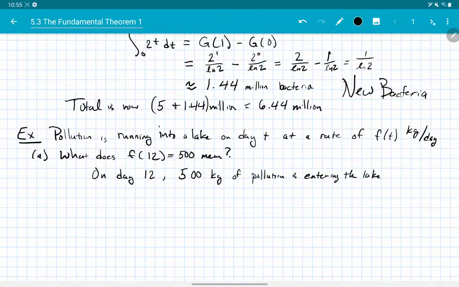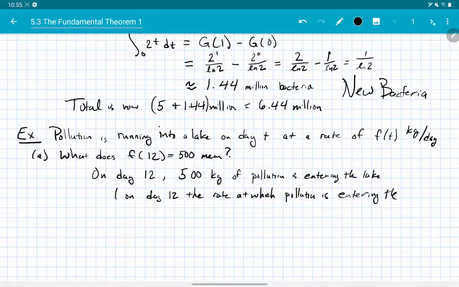Or actually, more precisely, on day 12, the rate at which pollution is entering the lake is 500 kilograms per day. These are two slightly different things, but usually we conflate those two things.